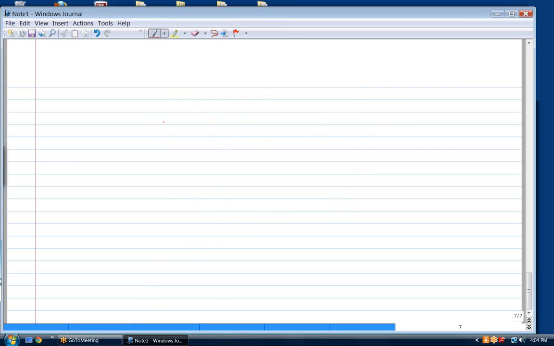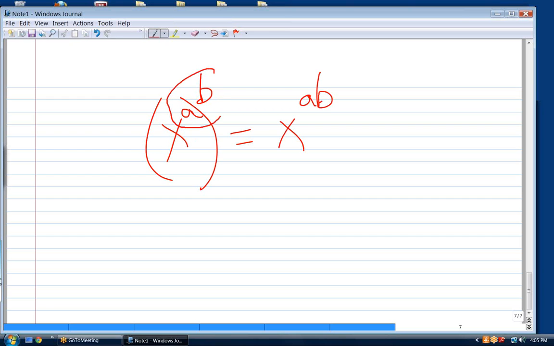The last one that's key is x to the a power raised to the b power. What is that equal to? x to the power of ab. In other words, in this case, we are exponentiating, which translates to multiplication.